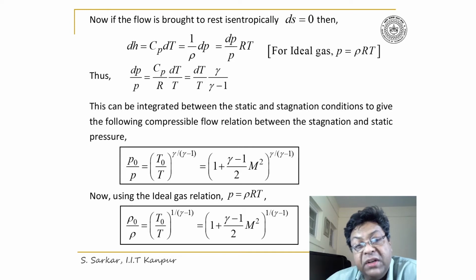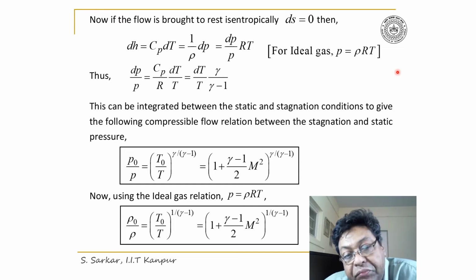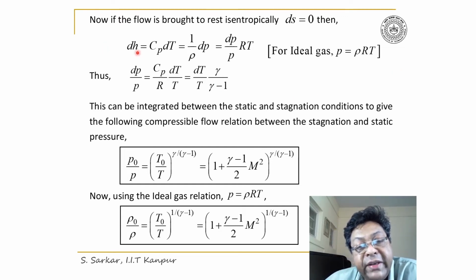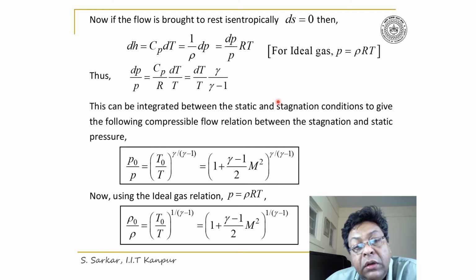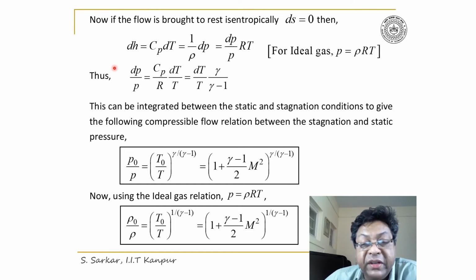Thus the above equation becomes dh is equal to 1 by rho into dP, that is equal to dP by P into R T using the ideal gas equation, which can be written as dP by P is equal to Cp by R dT by T. Further, this is equal to gamma by (gamma minus 1) dT by T. Now one can integrate this equation between static and stagnation conditions.